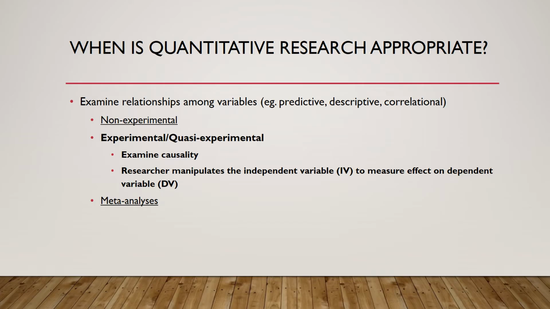So in experimental and quasi-experimental research, we want to assess whether our IV, independent variable, affects the DV, the dependent variable. So we manipulate, or we decide who gets what and how they get it. We manipulate that independent variable as the researchers. So more often than not, we want to see if an intervention or an independent variable improves something, right? That's why we're doing this study. We want to see if we can help people.